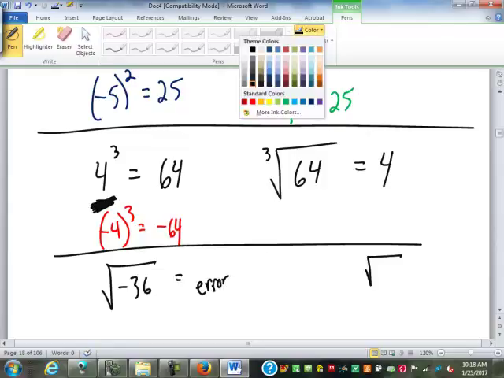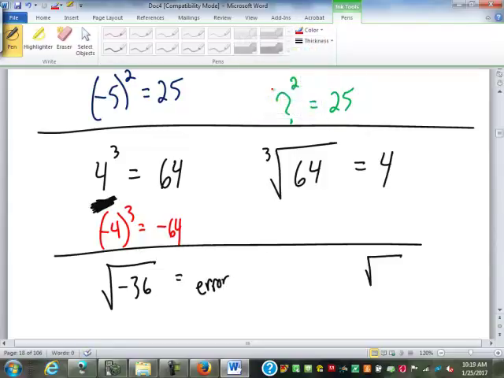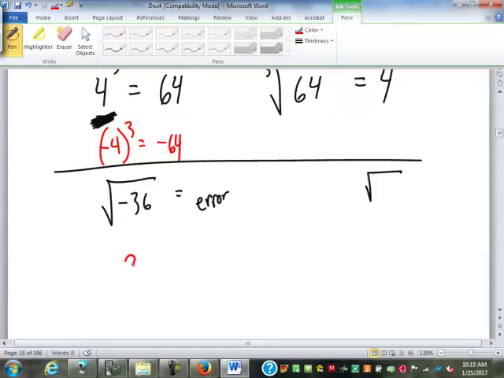Why is that? Well, because the square root of negative 36 is asking us what number squared is going to give us negative 36. Now, what's the problem with that? It's an even root, so any number squared is going to be positive. There's absolutely nothing we can square that'll give us a negative result.